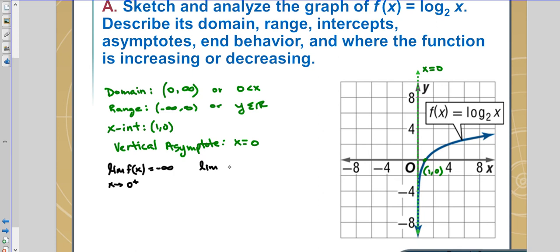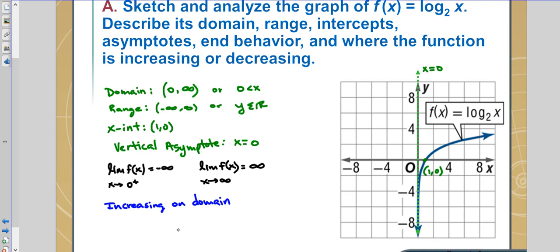You'd also have the limit as it goes to the right. As we go to the right, this graph goes up to positive infinity, and the graph is always increasing on its domain. It's always going up over time.